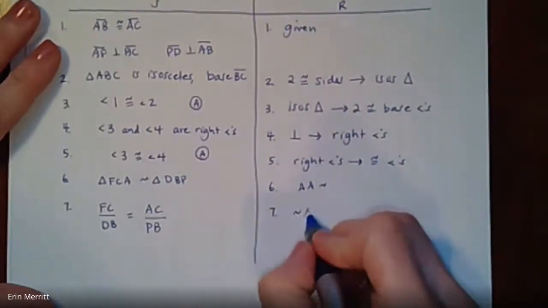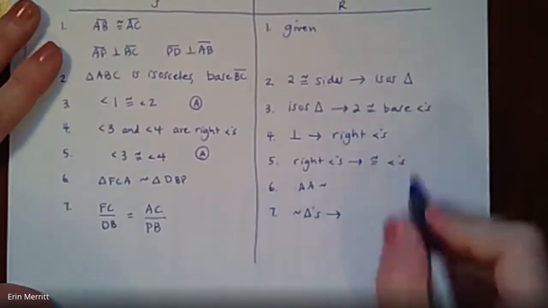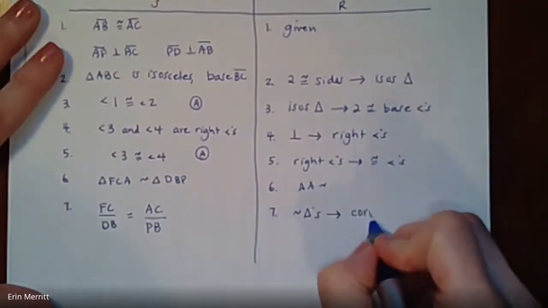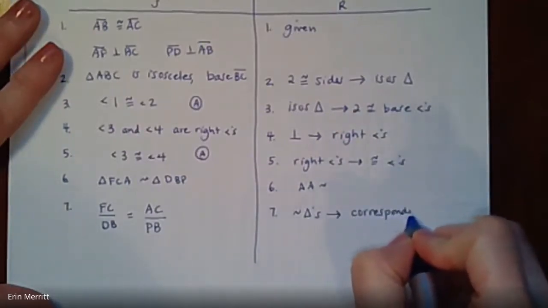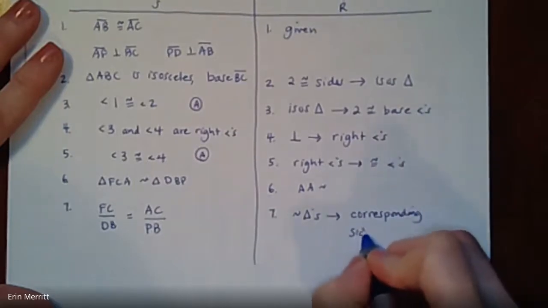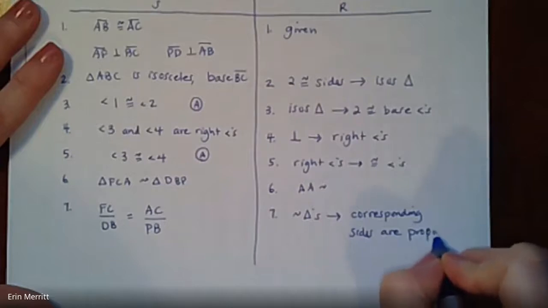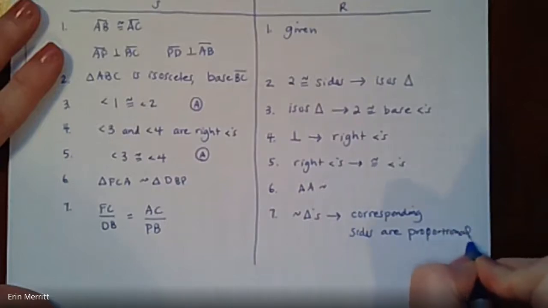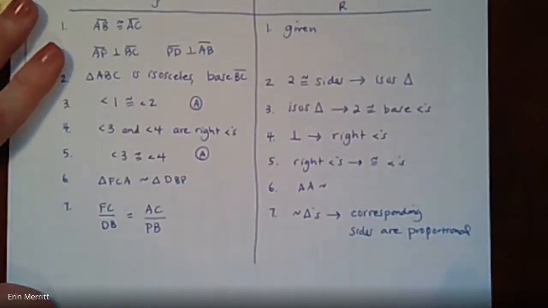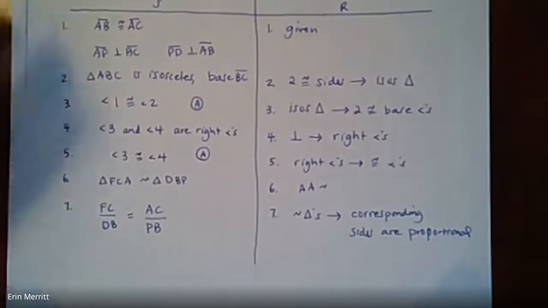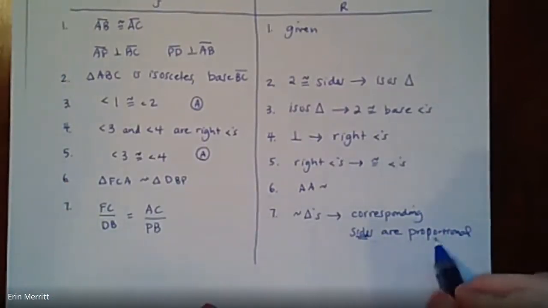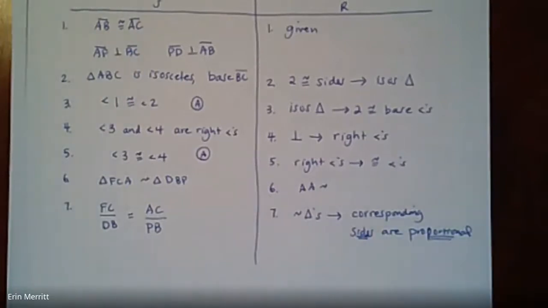Similar triangles implies corresponding sides are proportional. And keep in mind that we say sides and not parts because the angles aren't proportional. They're congruent. So yes, they're in a proportion of 1 to 1, but we really want to say congruent there. It's specifically that the sides themselves are the proportional pieces.